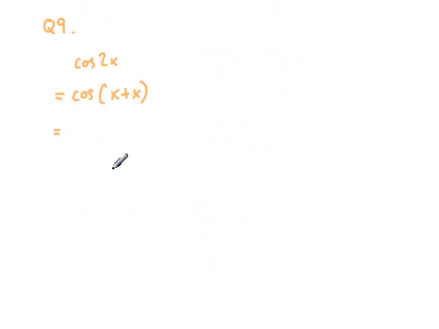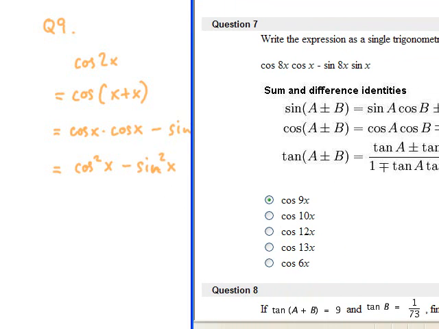So I'm going to come up with cosine x times cosine x, this is the sum formula that is given in the test, minus sine x times sine x, and that is of course cosine squared x minus sine squared x. Notice this is not the Pythagorean, because there's a minus. Pythagorean has a plus.